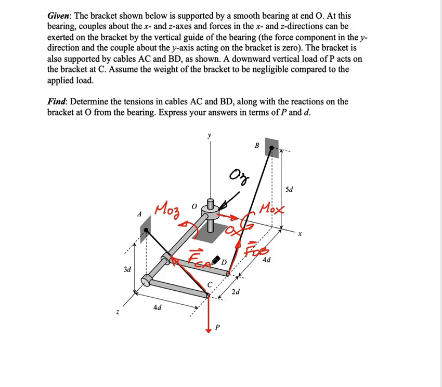So we've got one, two, three, four forces, and we have two couples, MOX and MOY. What we want to know is the cable forces there in AC and BD, along with the reactions on the bracket by the bearing there at O.